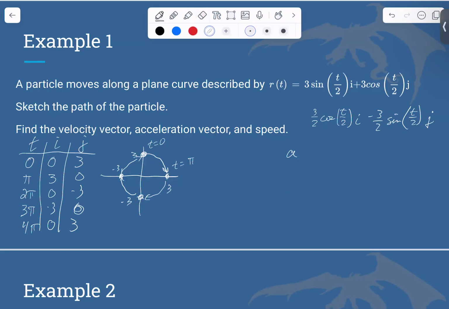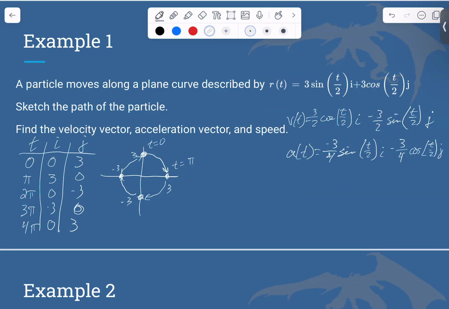So this is really v of t, and a of t is very similar. We should have a -3/4 sine of t divided by 2 for the i component, because we're taking the derivative of cosine, which gives a negative sine, and then we have a -3/4 cosine of t divided by 2 for the j component.